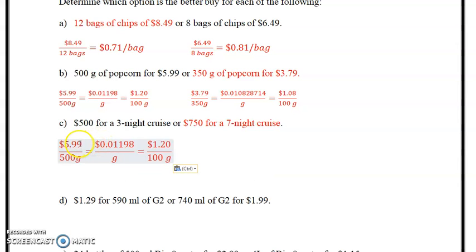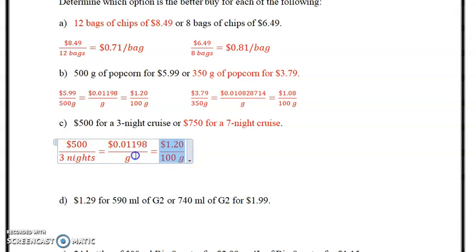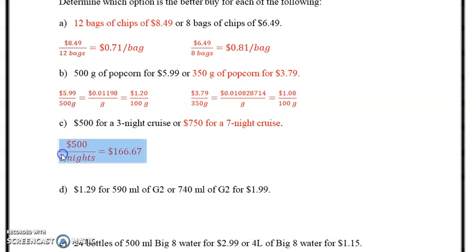All right. So it's $500 for 3 nights, which equals, and we did one like this before, $166.67. And then we'll do the 7 nights.